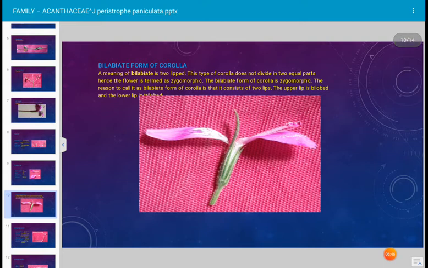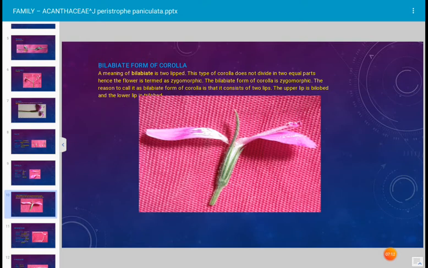Next, this is the bilabiate form of corolla. The meaning of bilabiate is two-lipped. This type of corolla does not divide into 2 equal parts, hence the flower is described as zygomorphic. The bilabiate form of corolla is zygomorphic.